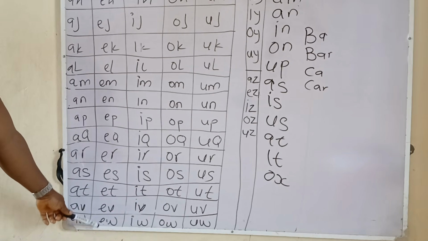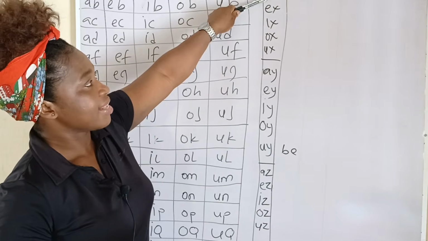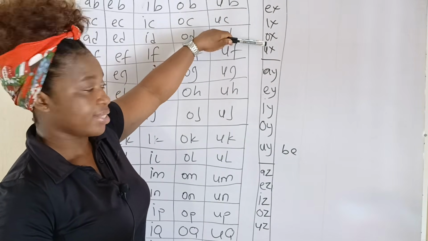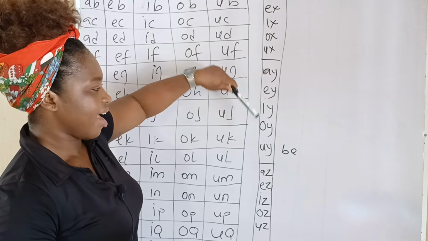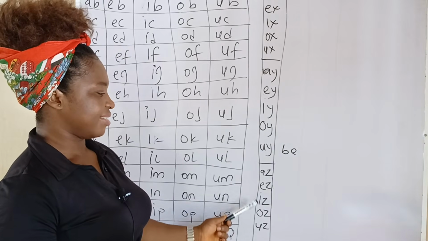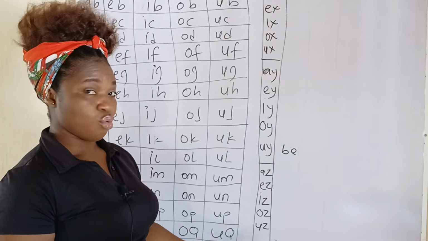Ow, el, ew, ow, o. As, x, x, ox, ux. E, i, o, u. As, es, is, us, us.